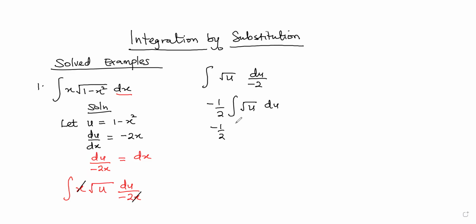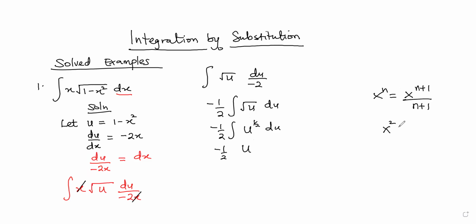Note that this square root of u is the same as u raised to the power half du. So when I integrate u raised to the power half, recall that according to integration, we say it's the power plus 1 divided by the power plus 1.